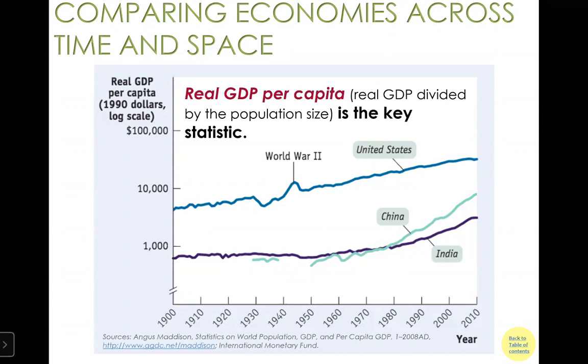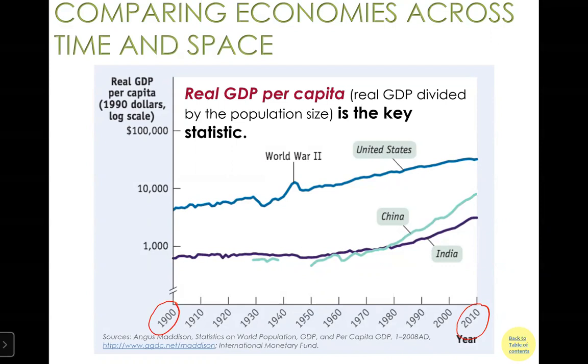To understand that, let's first compare three different countries. Okay, look at their historical experience in terms of economic growth. So this is starting from 1900 to 2010. So yes, we can extend the data to today, but this pattern persists. Okay. So on the very top, we have United States.